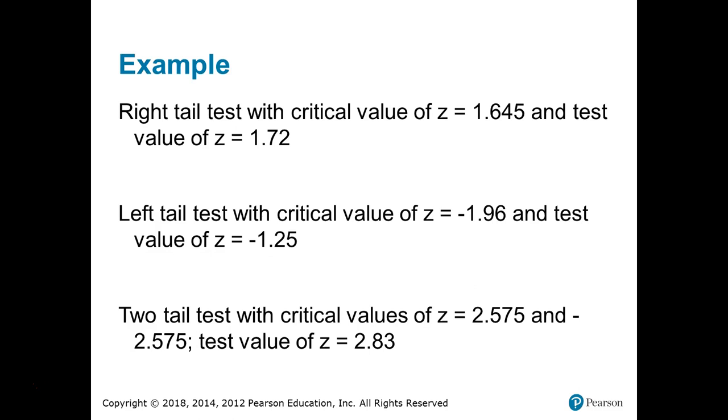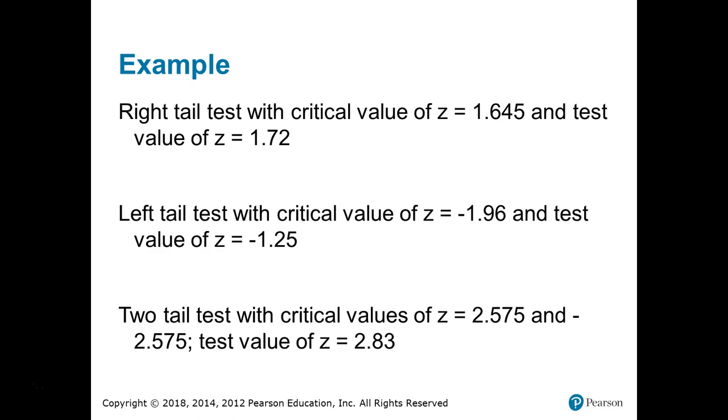Say we are doing a right tail test with the critical value of z equals 1.645 and test value of z equals 1.72. So once you have this information, you should be drawing your normal bell-shaped curve, and you have a z value of 1.645, and we are doing a right tail test, meaning we are interested to know if our test value falls in that tail or does not fall in that tail.